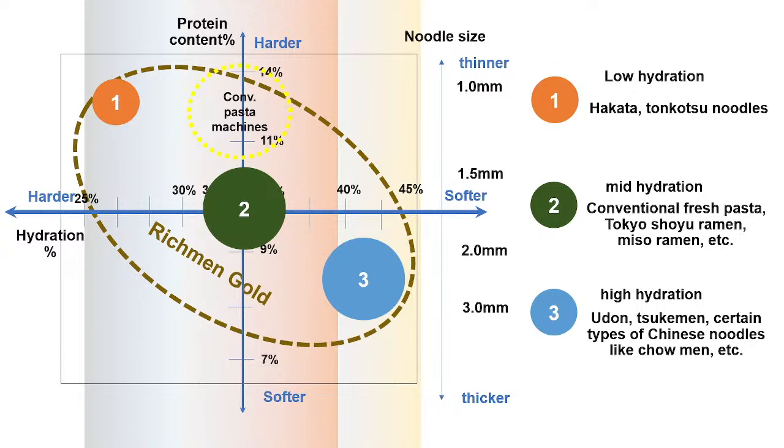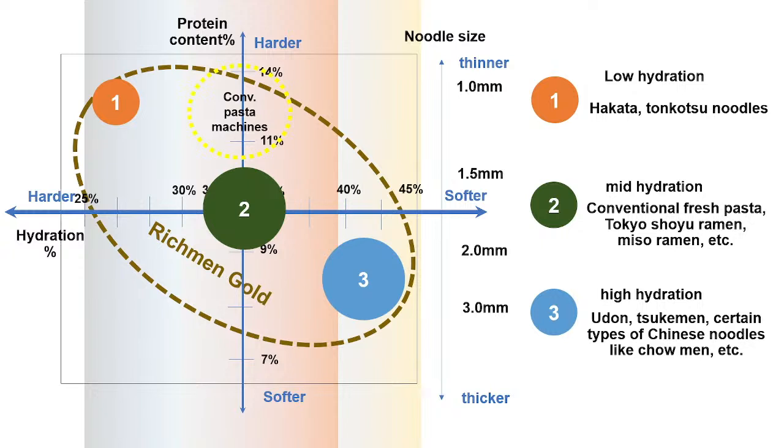I circled Richmen Gold to express that our Richmen Gold 2 machine, which we're going to use today to make some noodles, is capable of making noodles between 25% and up to 45% hydration.